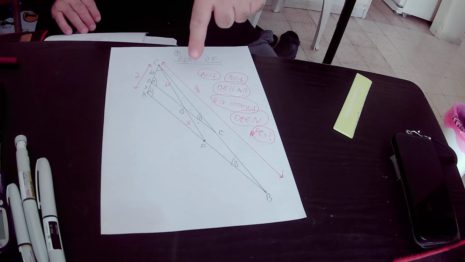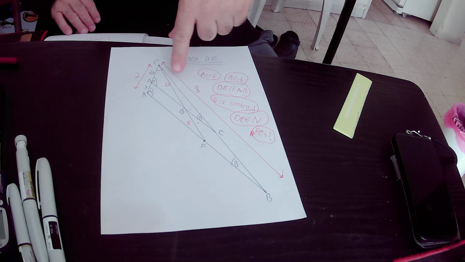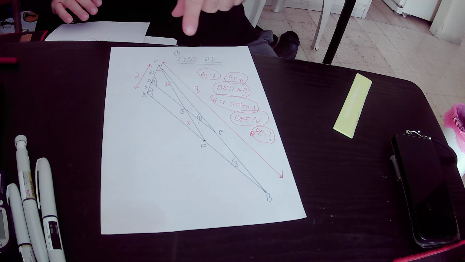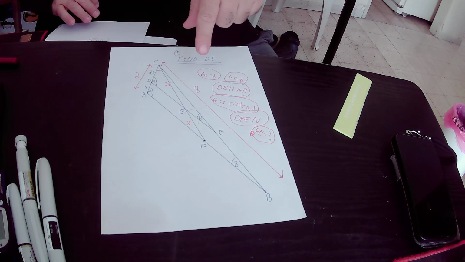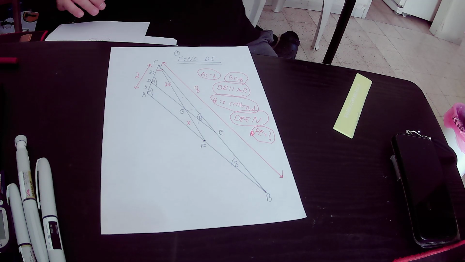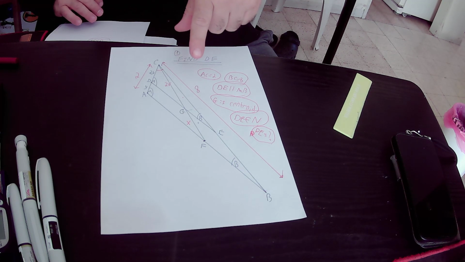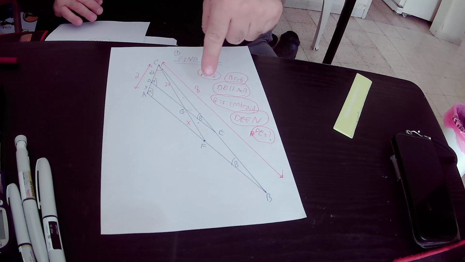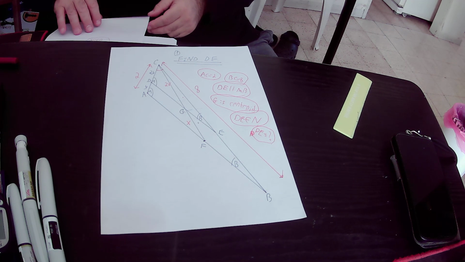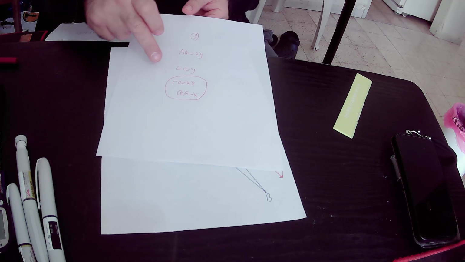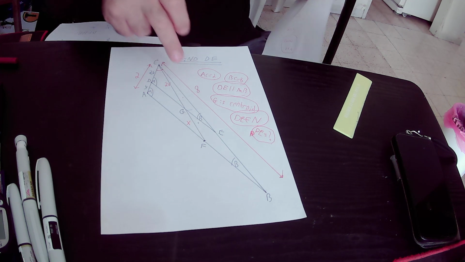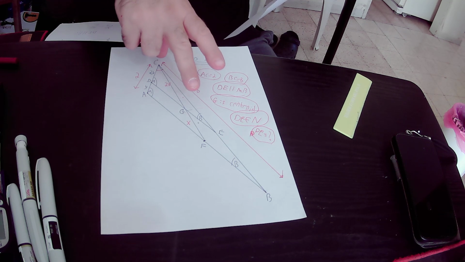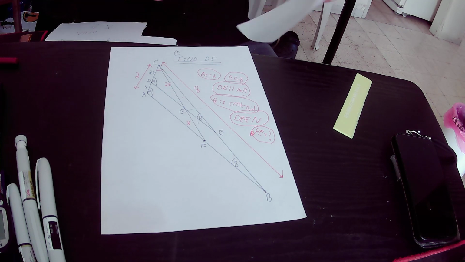Or you can also say that if CG equals 2x, then GF equals x. Or in other words, CG is twice as large as GF. So if CG equals 2x, then GF equals x, because G is the centroid of triangle ABC that divides the median CF in a ratio that equals 2 to 1.